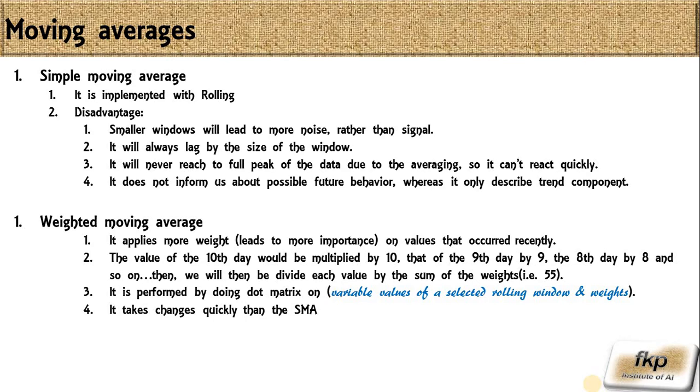When it comes to the recently observed data points, it puts more weight, so that the recent trend acts fast. I mean, it will give more importance to those recent data points.